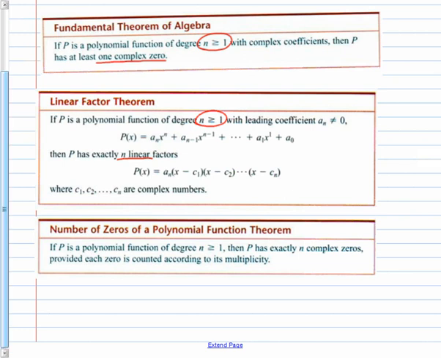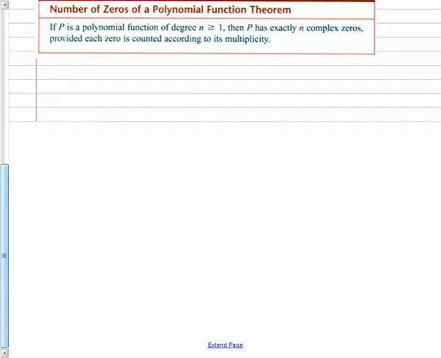If it's a second degree, there will be two linear factors that I can factor it into. In the example that I did, where we got it down to a second degree polynomial and factored it into two parentheses, we had two linear factors. That's the linear factor theorem. We know exactly how many factors there will be.